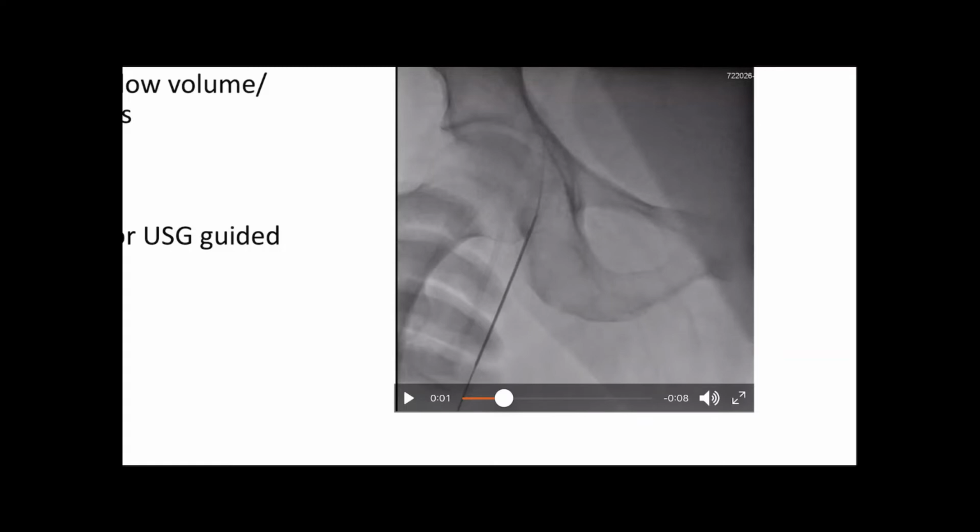You have to put in a sheath so that there is no further bleed, because if you have just put in a wire over the puncture, it will continue to bleed till the time you put in a sheath. So you just can't put a wire in the artery and then go to the vein. So obviously you'll have to put a sheath into the artery before you take the venous puncture.